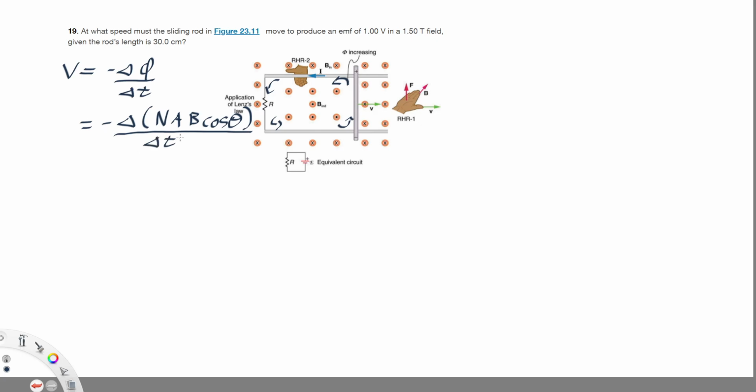All of this over time. In this particular case, we have one loop, and that's not changing. The B field is always constant.